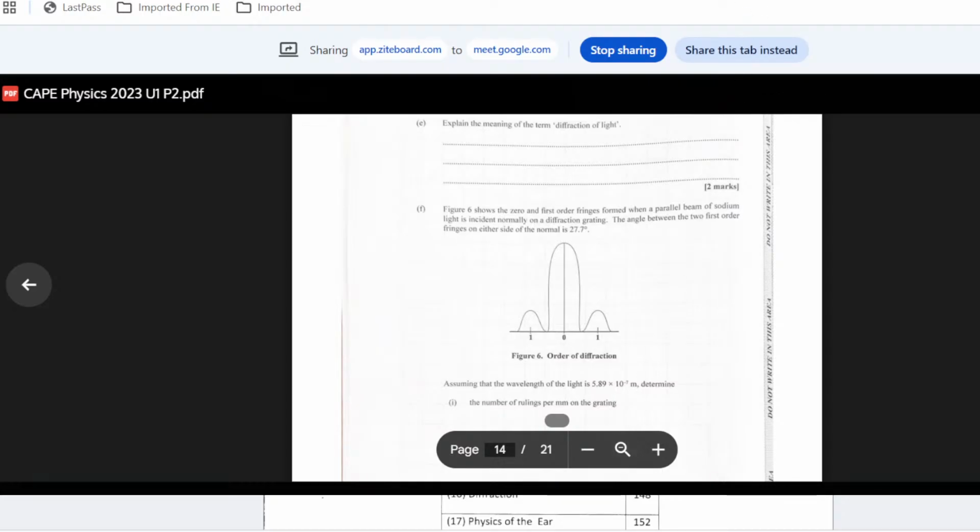Since they wanted it in millimeters, I'd probably just convert it first to millimeters, and then find n. How about that? You multiply by 1,000, so it becomes 10 to the negative 3.